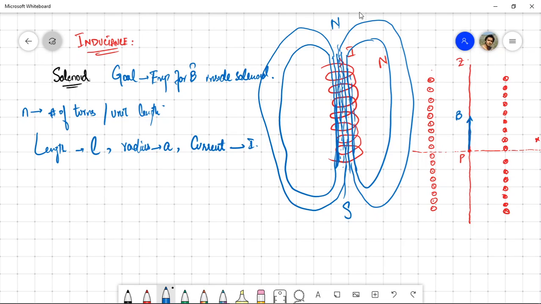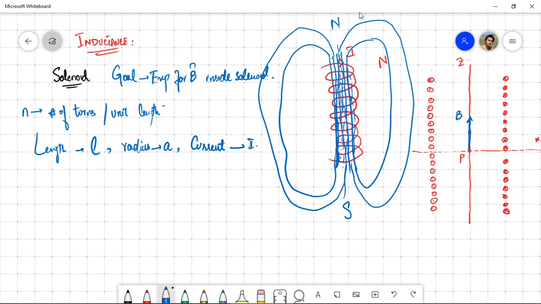Now we have to find the value of B at this point. But the value of B at this point is not due to a single turn. It will be the sum of the contributions of the current flowing through all these turns. So we'll have to take all of these turns into account.